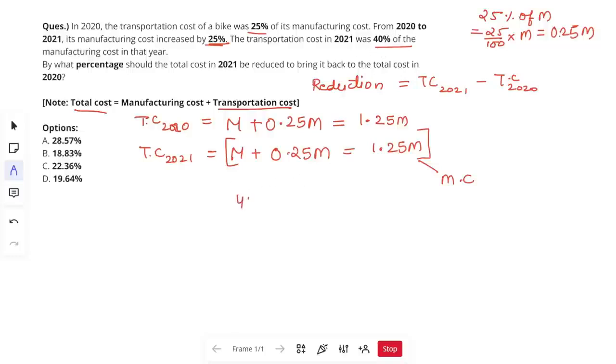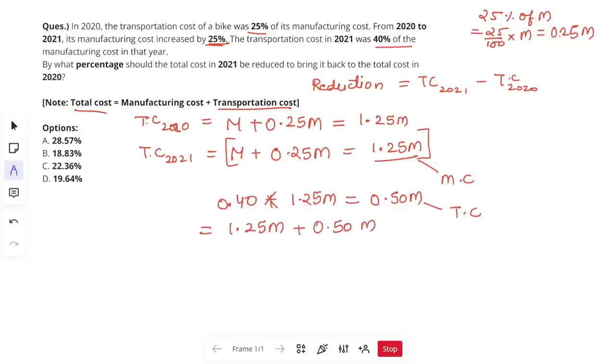So 40% can be written as 0.40 of the new manufacturing cost, which is 1.25 M. 40% of 1.25 is going to give us 0.50 M. Now this is the transportation cost. So our total cost will be 1.25 M plus 0.50 M. If you add both of them, you will get 1.75 M. So now we have got the total cost in 2021.